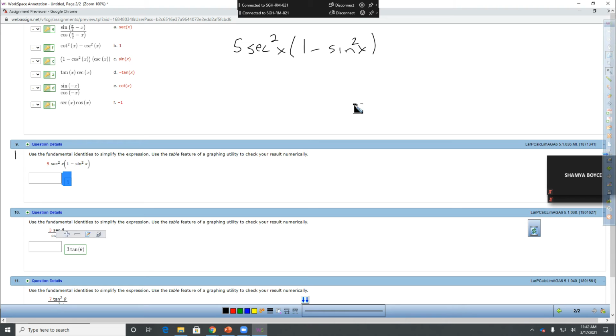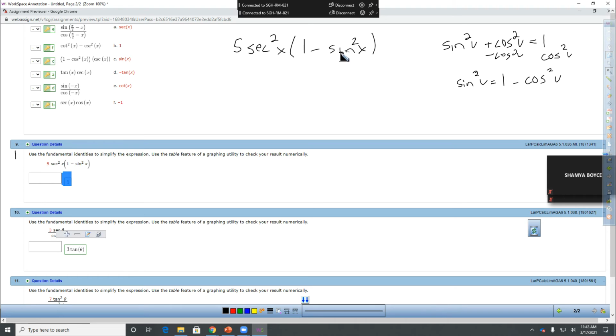So what I do know is using this identity, sine squared of u or x, it doesn't matter, plus cosine squared of u equals 1. That means if I subtract cosine squared from both sides, I'm going to have sine squared of u equal to 1 minus the cosine squared of u, which isn't going to help me.